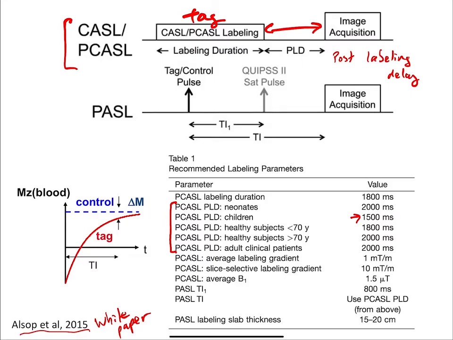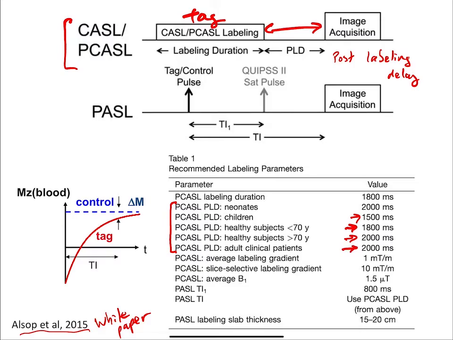They tend to have smaller necks and heads, and also their blood flow is pretty fast, and so you can get away with a smaller PLD. In typical adults less than 70 years, it's recommending 1,800 milliseconds. So it's saying, you're tagging your blood and then wait for 1.8 seconds before you acquire your image. You'll notice that for adults greater than 70, they're recommending 2,000, and also for clinical patients, 2,000.